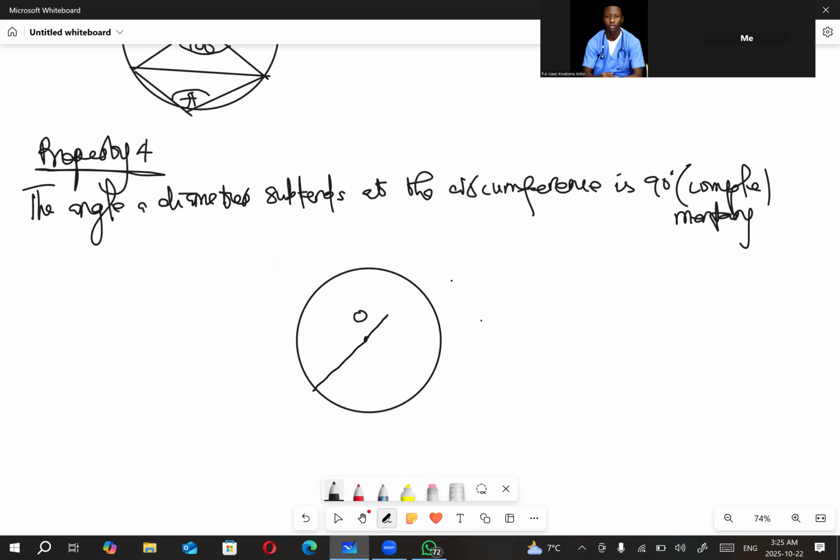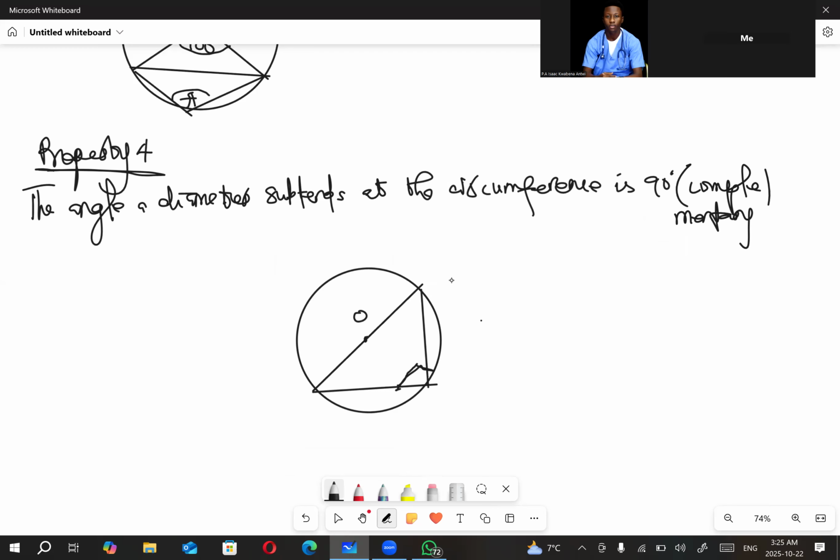We all know diameter, right? Any chord that runs through the center. Now, when a diameter produces an angle at the circumference, it's 90. Okay, so this is a 90. In math, we like using this kind of arc. When a diameter makes an angle at the circumference, it's 90.